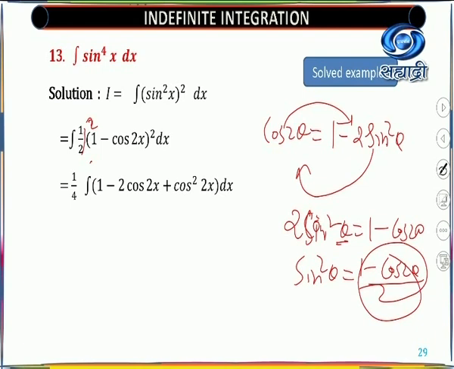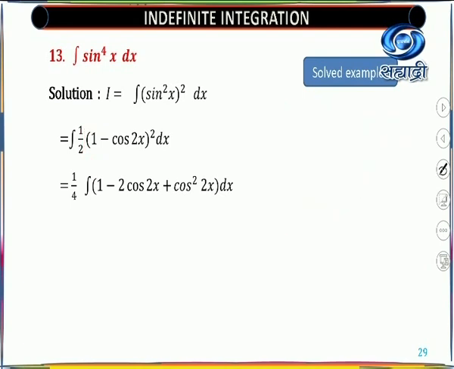So it becomes 1 upon 4 into 1 minus cos 2x bracket square dx. So 1 upon 4 integral of 1 minus 2 cos 2x plus cos square 2x dx. Again we are using an identity here.